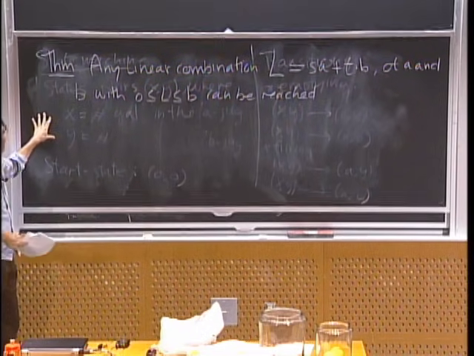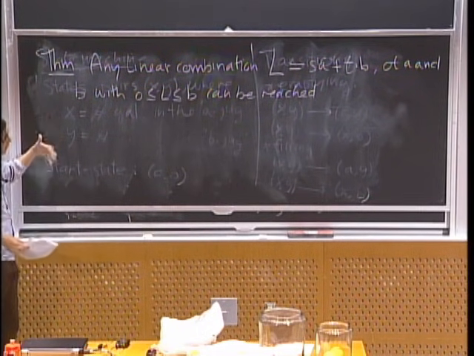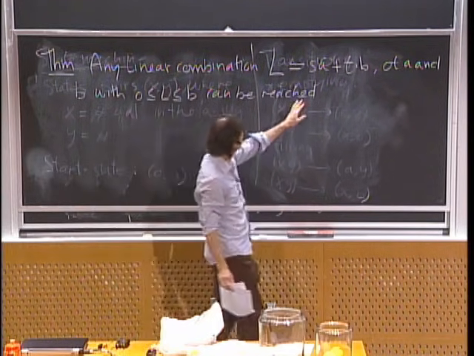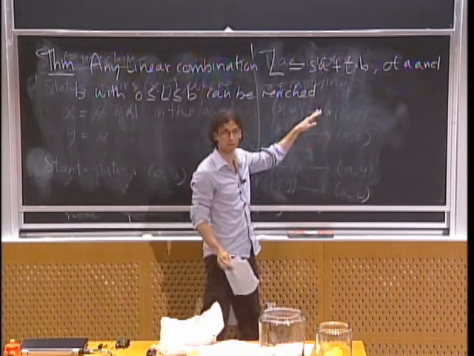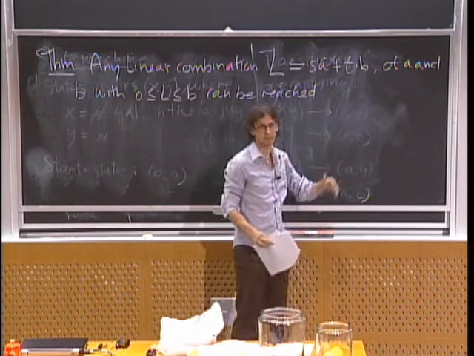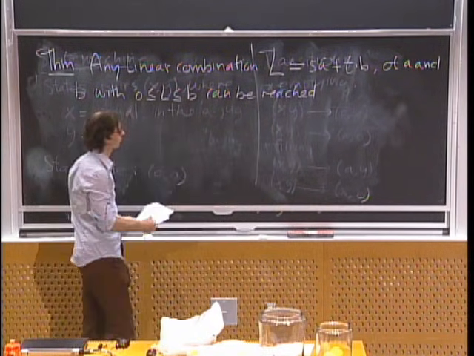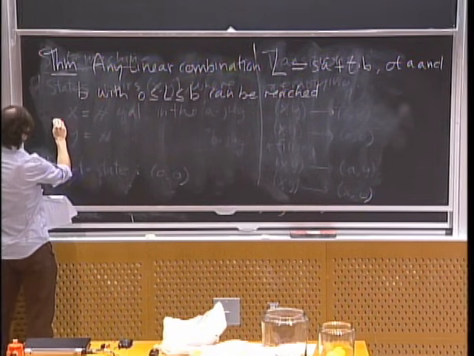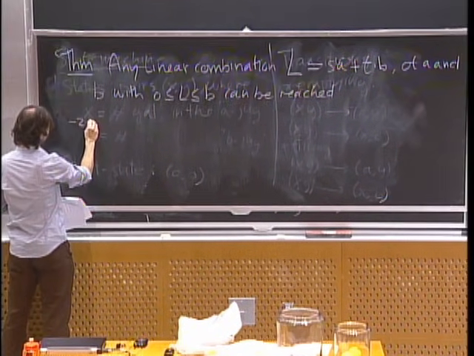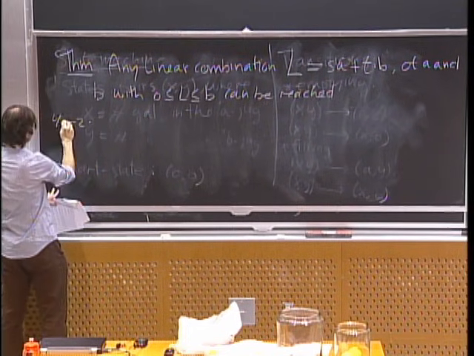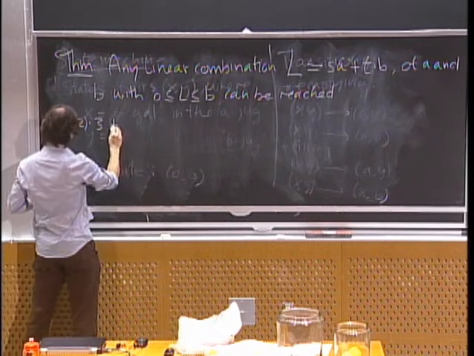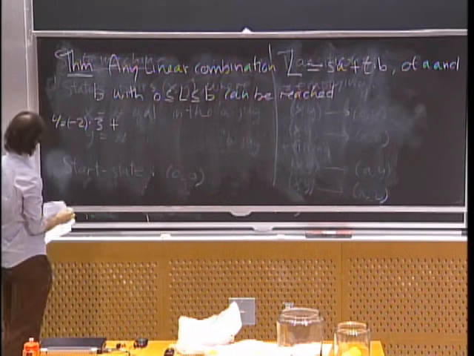In order to do that, we would like to think about some property that we have. When we talk about linear combinations, the s and the t can be negative or positive. We really don't care. So for example, 4 is equal to minus 2 times 3 plus, actually, is that true?